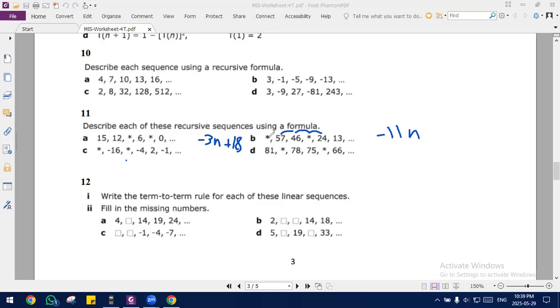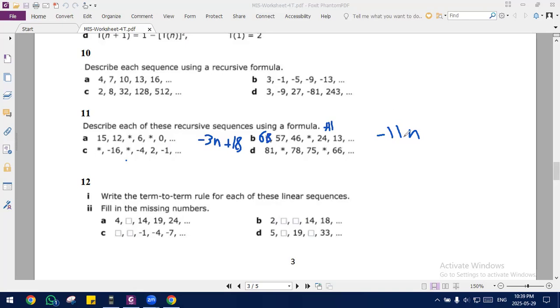But here the first value is hidden. So can we get it? Yes, we can. If you go the opposite direction, 13 becomes 24. So I'm adding 11. 24 plus 11, 35, then 46, 57, now 68. The first value is 68.